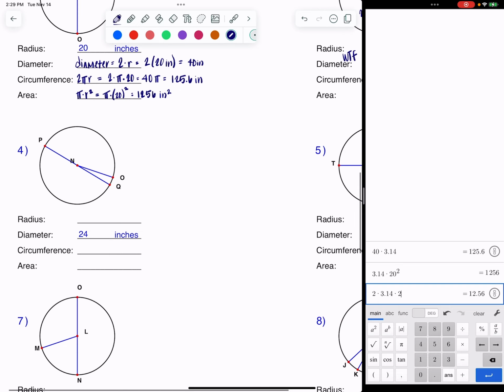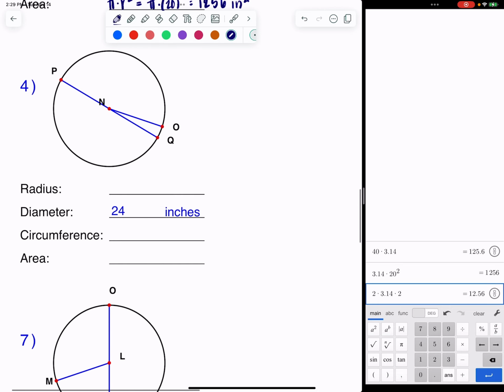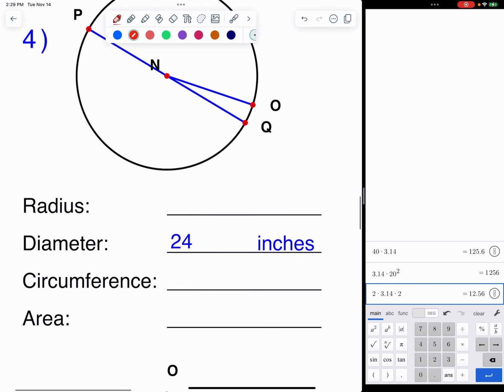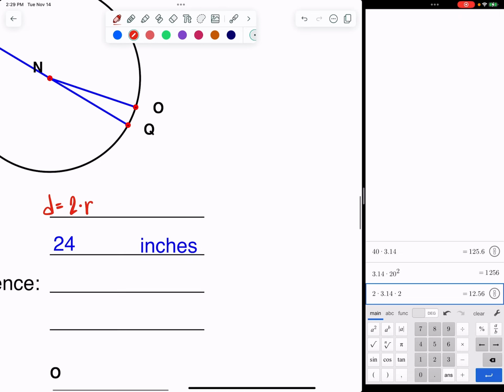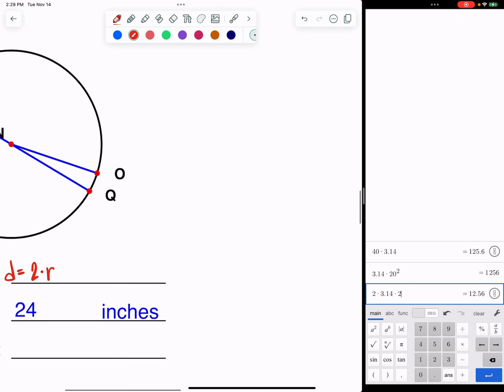Let's do one where we get some different information. Here we go. Let's start this time with diameter. So if we start with diameter and we want to find the radius, we know that diameter is 2 times the radius. So I'm going to come over here to my scratch work.